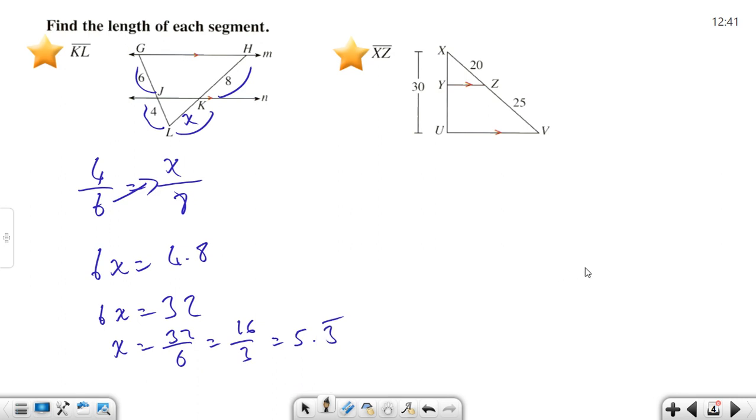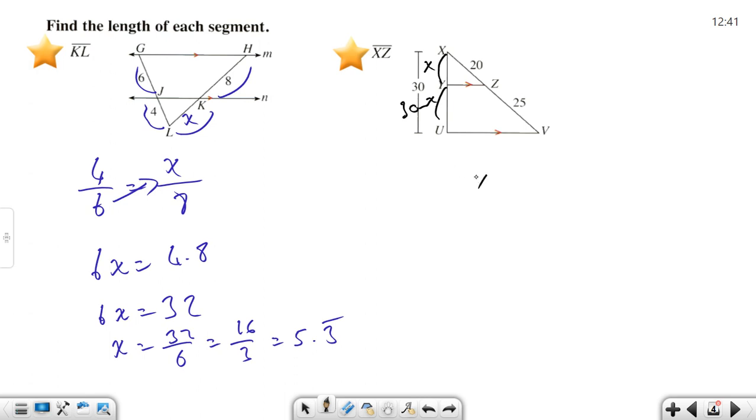Let's continue with the second example. This time it's asking about XY. And all of them is 30. If this is X, then YU must be 30 minus X. Be careful here because we need to write a ratio about that one. Still you can use a similarity rule here, but I'm going to solve that one that way.